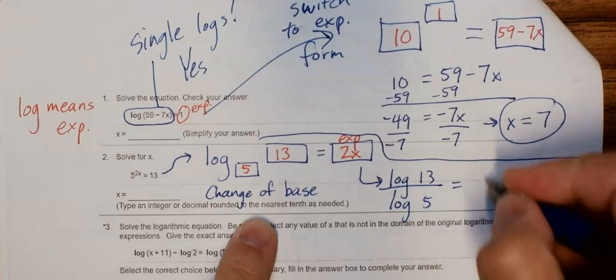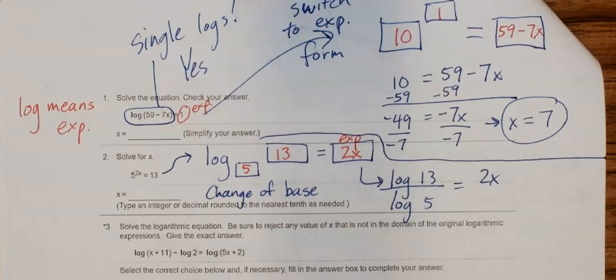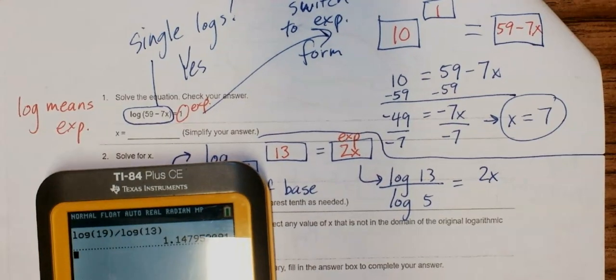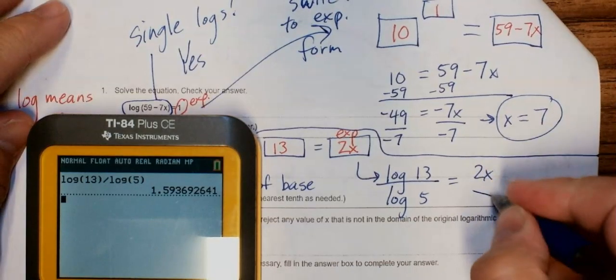And of course the other side of the equation is just 2x. And of course I'm going to use my handy dandy calculator because I don't know that. Log 13 divided by log 5. And it gives me a really weird answer of 1.594.